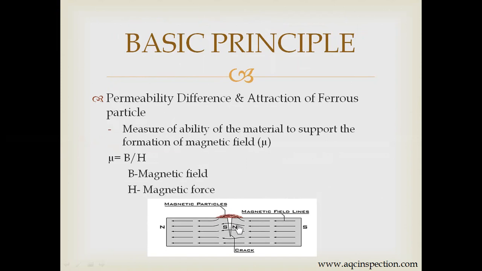Therefore, they travel away from the discontinuity, and this causes a flux leakage outside the material surface. At this time, when we spray or flow magnetic particles over the surface, the magnetic ferrous particles get attracted by the flux leakage. Thus, we can identify the defect visually.